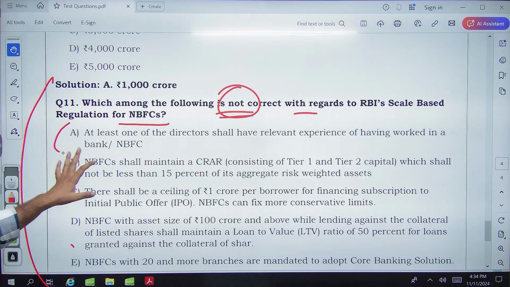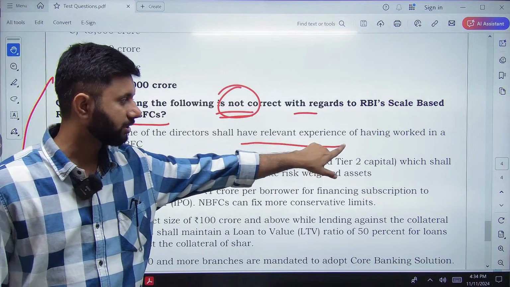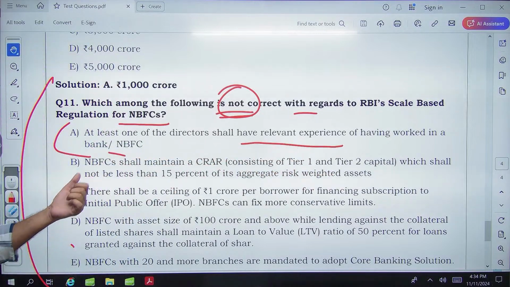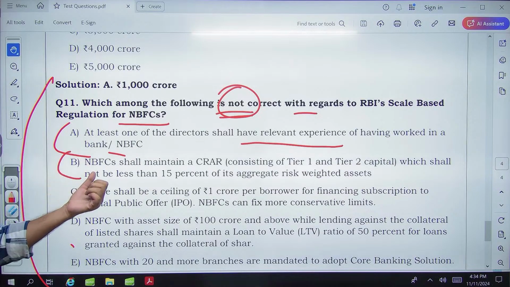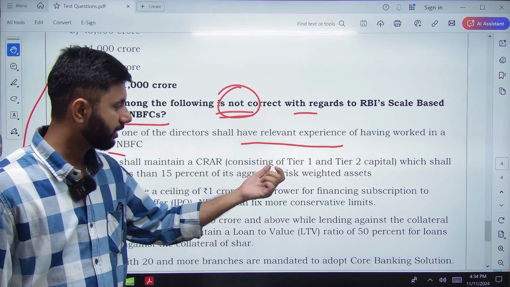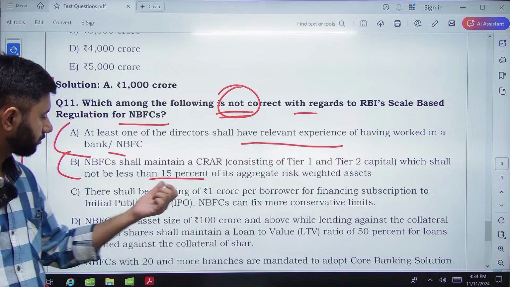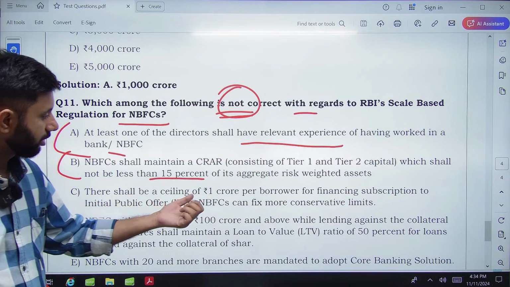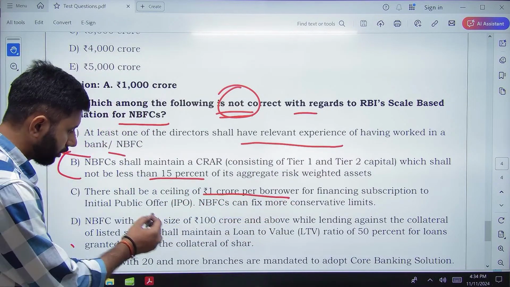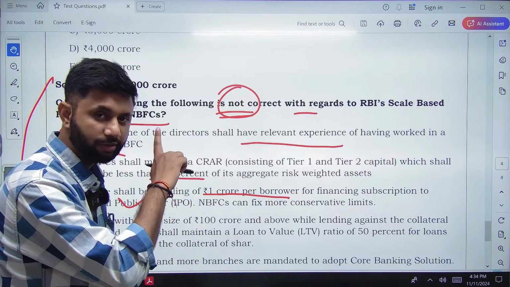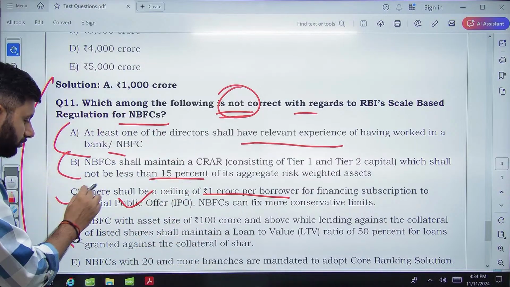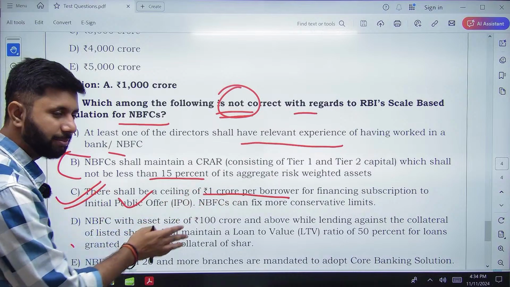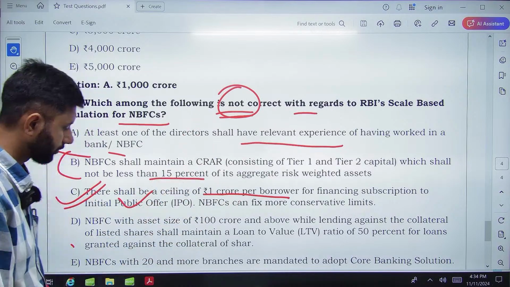So at least one of the directors shall have a relevant experience of having worked in a bank if they are appointed in an NBFC. NBFCs shall maintain a CRAR requirement of 15%. There shall be a ceiling of 1 crore per borrower, which obviously is correct because you've just seen over there. तो आपके लिए तो ये statement पहले से ही eliminate हो गया because incorrect पूछा हुआ है.